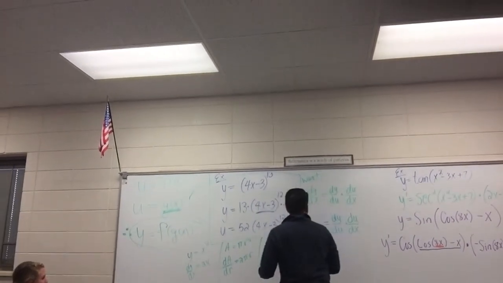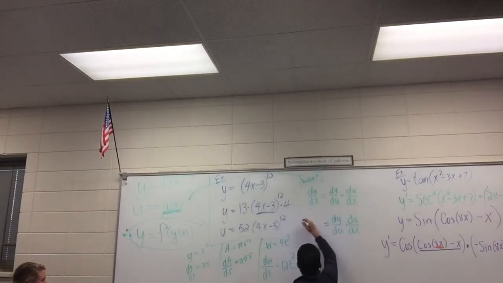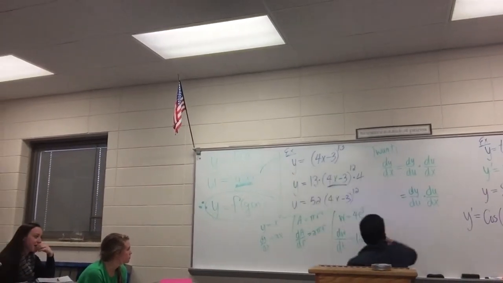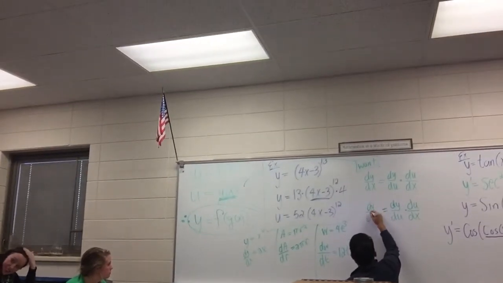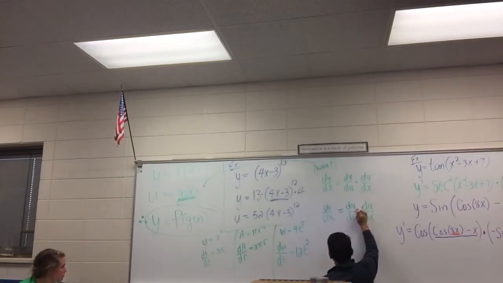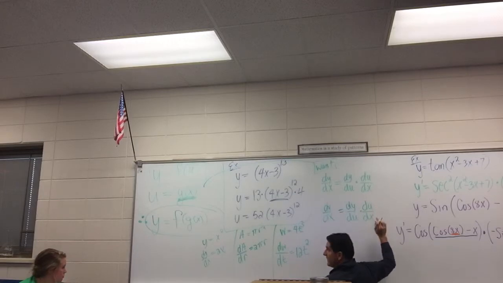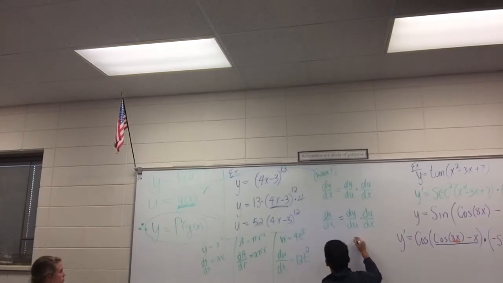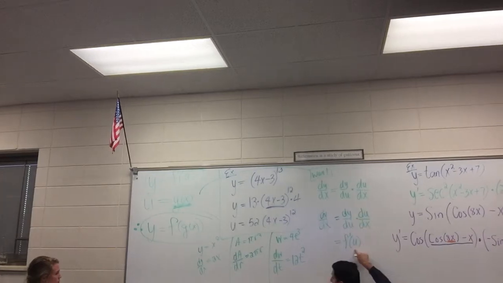Therefore, if y was equal to that, and u was equal to that, then dy/dx is actually equal to the derivative of y with respect to u multiplied by the derivative of u with respect to x, which is the same as f prime of u, that's the derivative of y with respect to u.